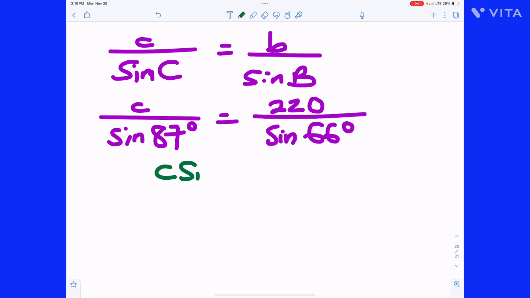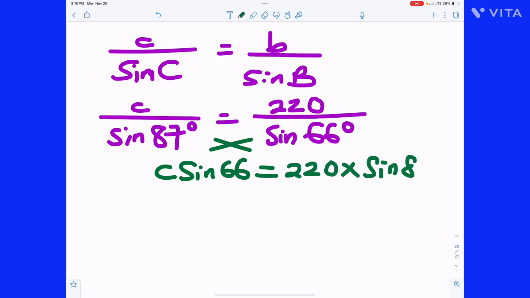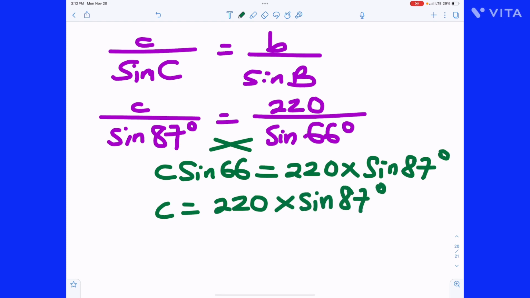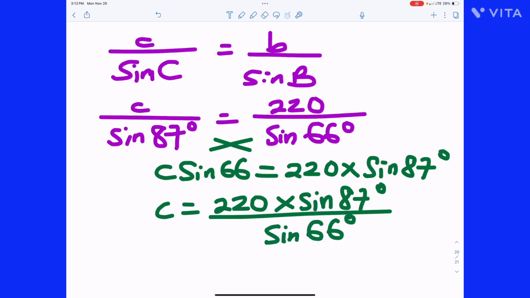You cross multiply. C times sine 66 gives you 220 times sine 87. Take note, this multiplication sign is not compulsory, you can skip it. So C is 220 sine 87 degrees divided by sine 66 degrees.